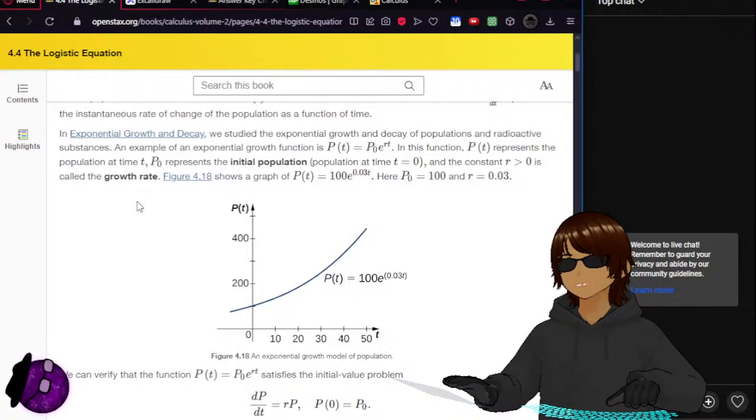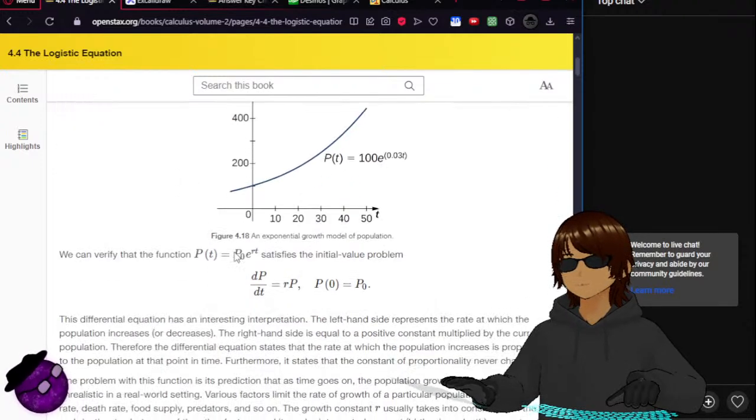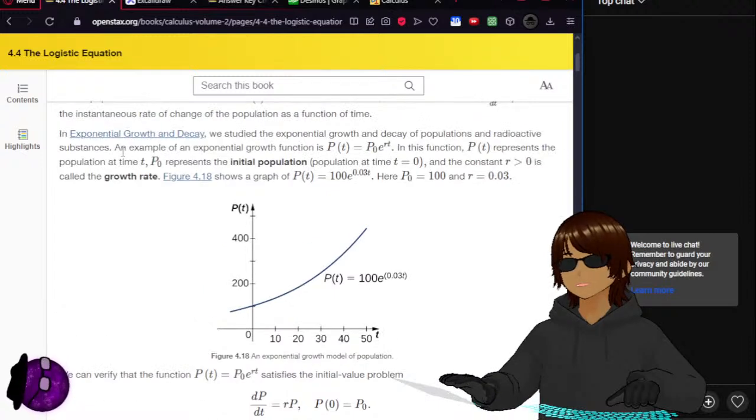In exponential growth and decay, we studied the exponential growth and decay of population and radioactive substances. An example of an exponential growth function is P(t) equal to P0 e to the power of rt. In this function, P(t) represents the population at time t.